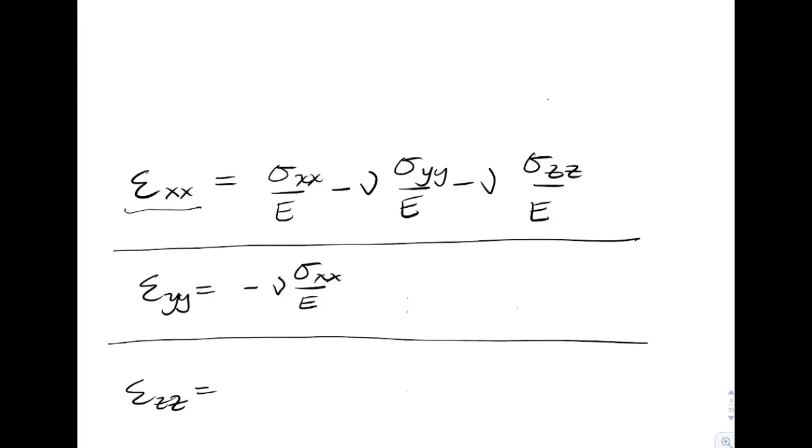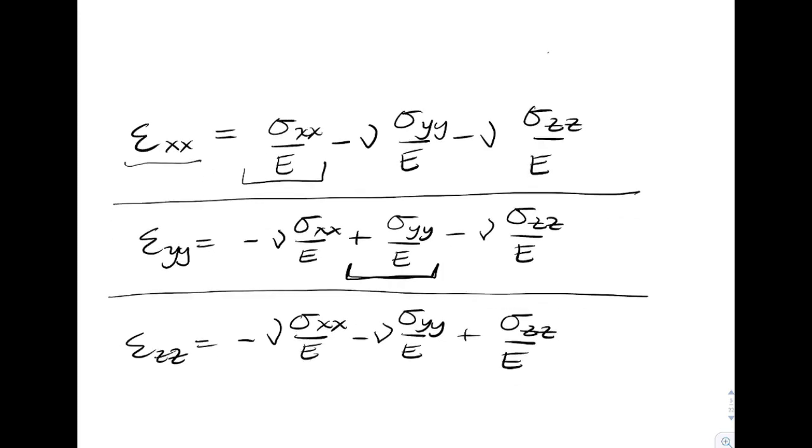All right, it looks very similar for the y direction. Again, noticing signs here. We have the positive term coming from the direct stress. We've got negative terms coming from stresses in the perpendicular directions.